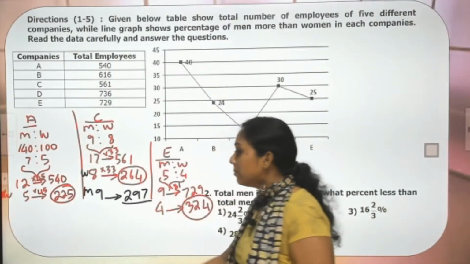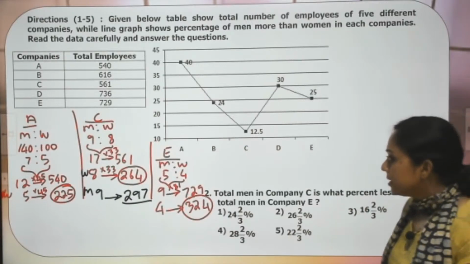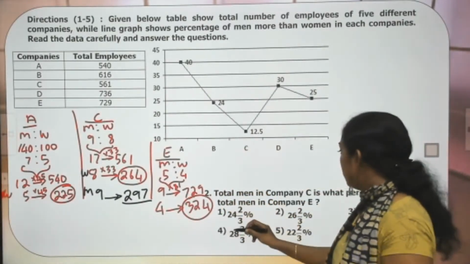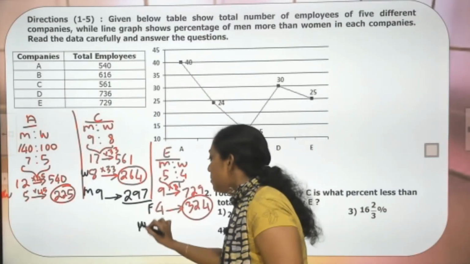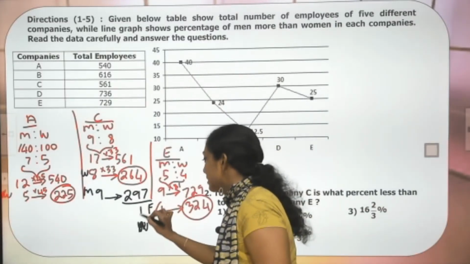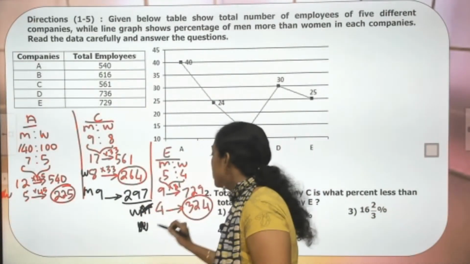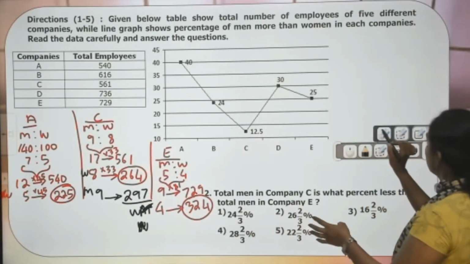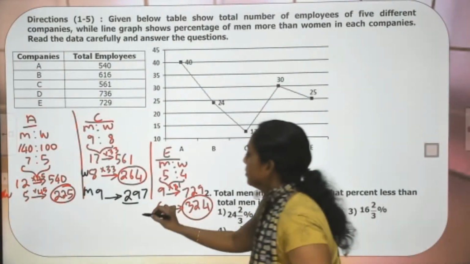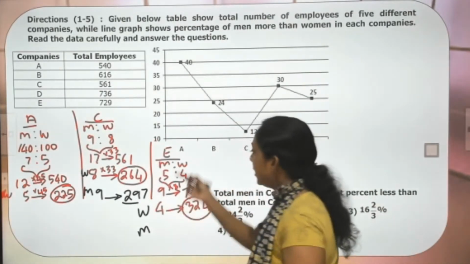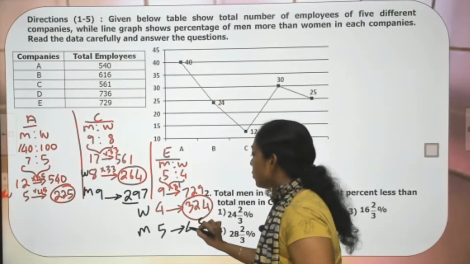So the number of male employees is 297 in company C. For company E, 4 was the women's value, and men is 5. So 5 into 81, that is 405.